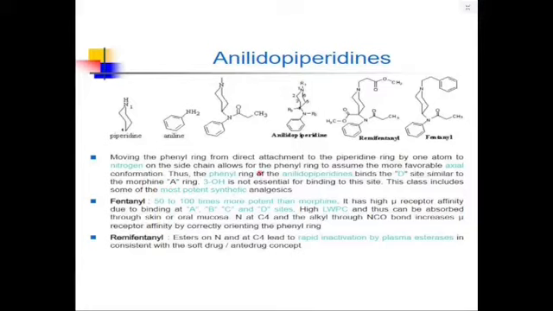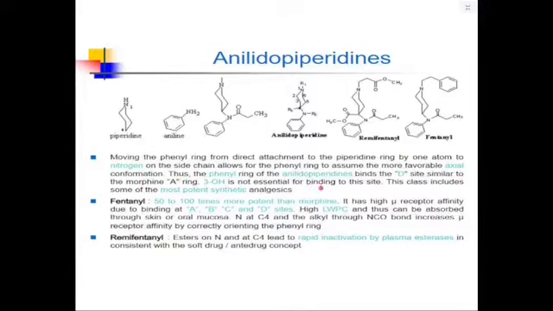So the phenyl ring of the anilidopiperidines is able to bind equivalently, just like the A ring of morphine binds the D site. Remember, the D site is where the phenyl ring binds through hydrophobic binding.